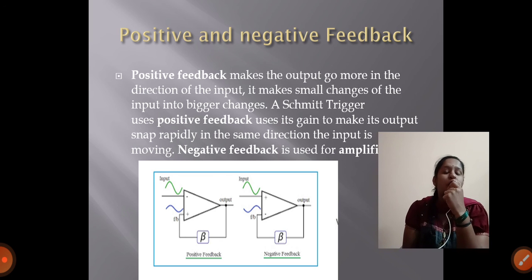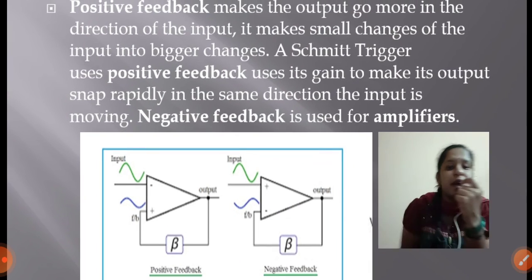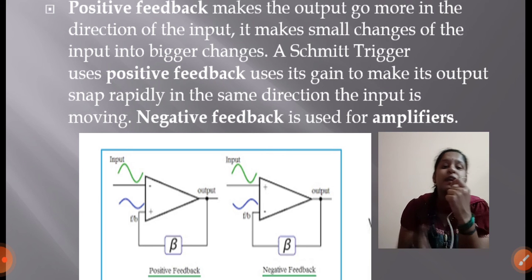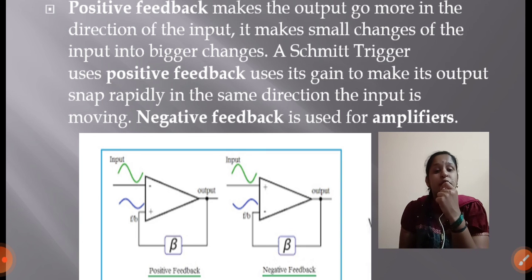Here in the operational amplifier, positive feedback makes the output go more in the direction of the input. This is a positive feedback. It is connected to the non-inverting terminal.